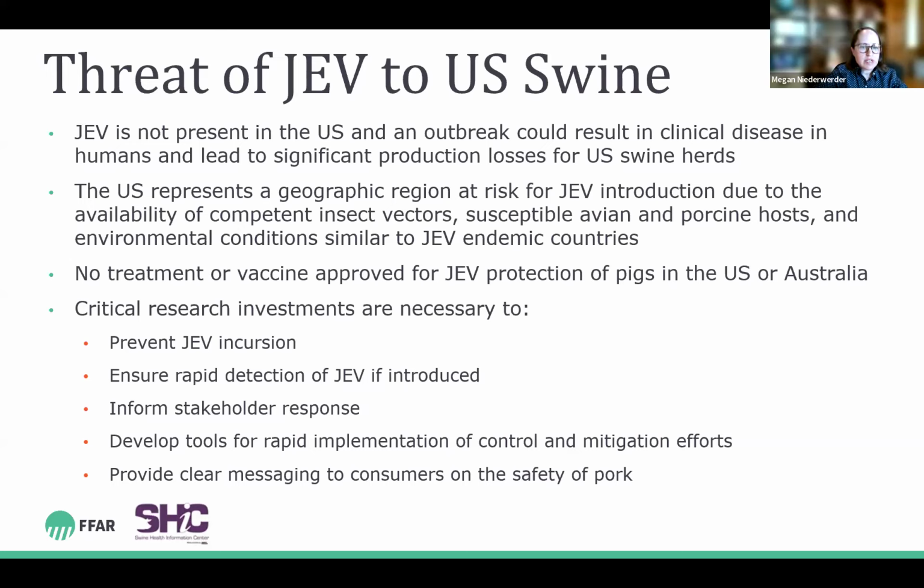These critical research investments are really necessary to prevent JEV incursion in the US, ensure rapid detection of JEV if there is an incursion, inform stakeholder response, including the producer and animal caretaker response, developing tools for rapid implementation of control and mitigation efforts, such as those that would reduce the production impacts on sow farms, and also provide clear messaging to consumers on the safety of pork consumption if JEV is introduced.